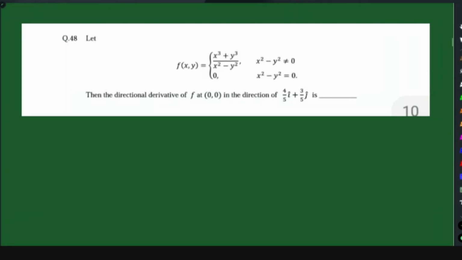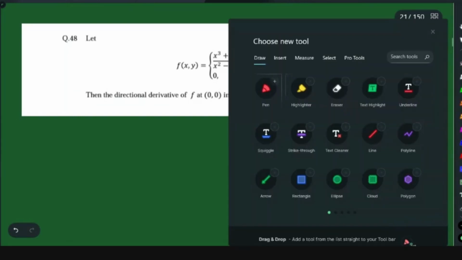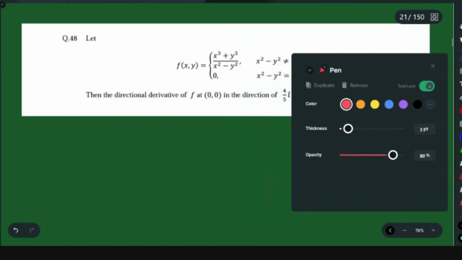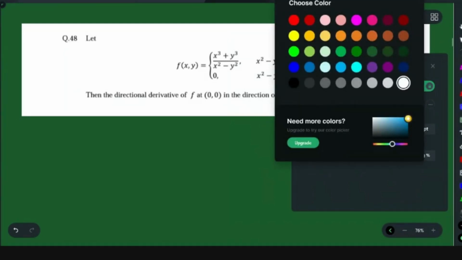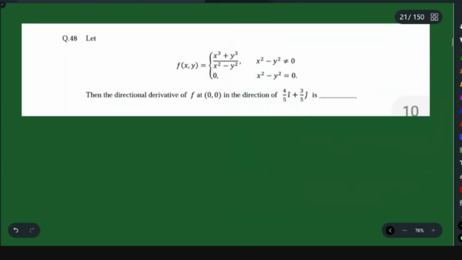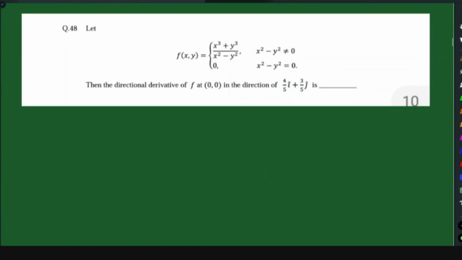Find the directional derivative in the given direction. Here you have to use the definition. You cannot directly compute it, because we don't know whether the function is differentiable or not. So it's better to compute in a direct way.